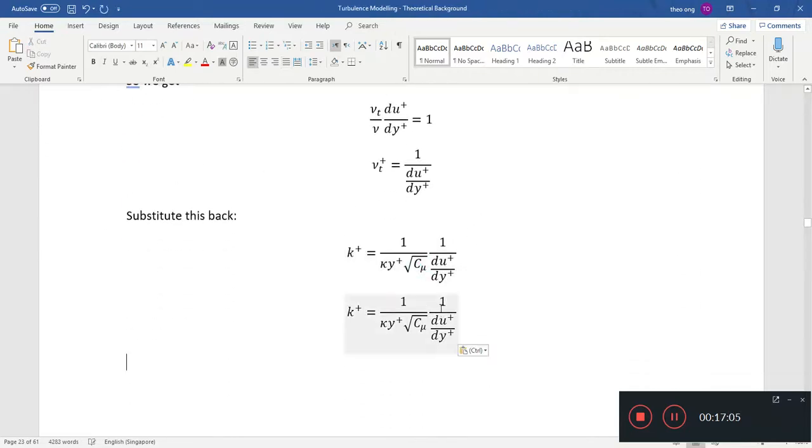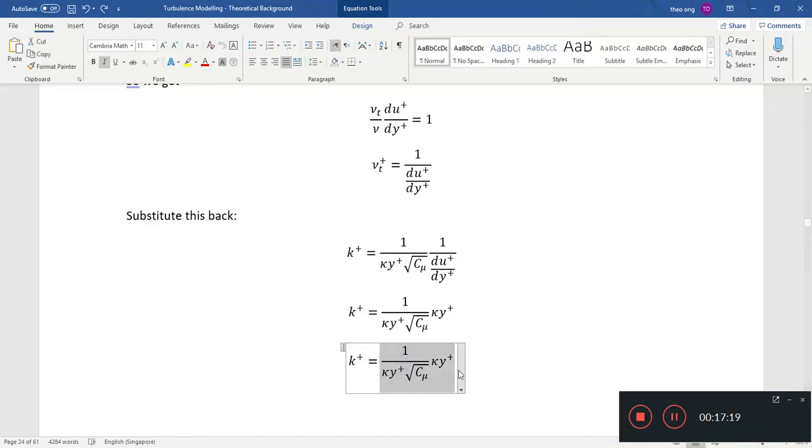Okay, this is just kappa y plus, and therefore we have this, 1 over square root c mu. Okay, so that is how we get our k plus for the log law region.